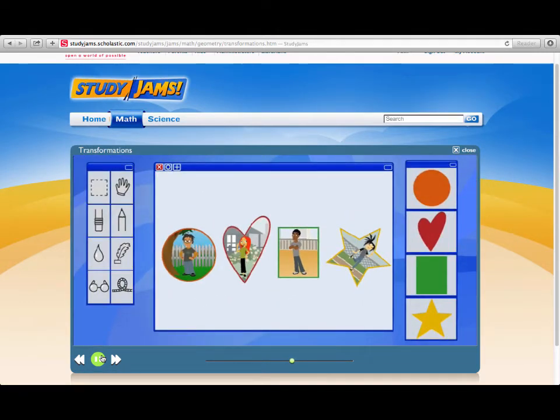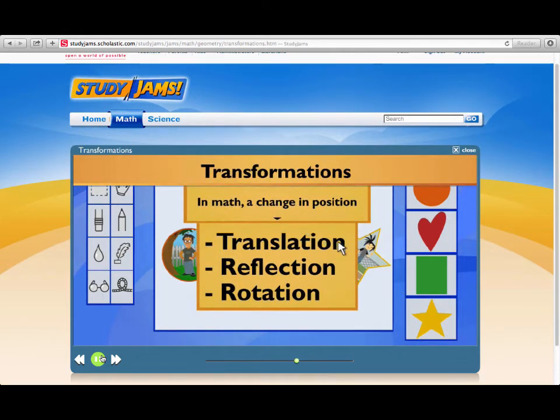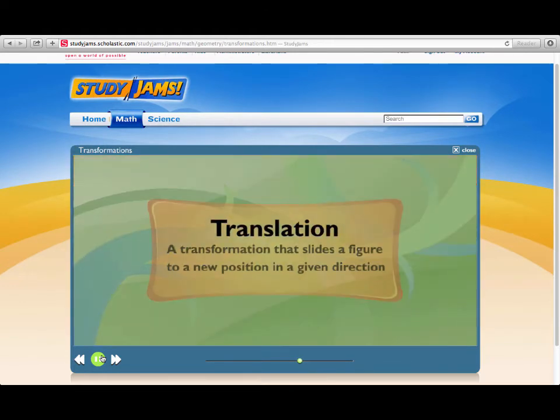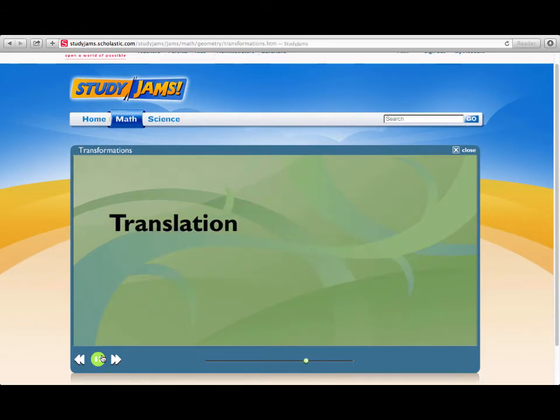Looks like you're almost done. Almost. But wait, wasn't there one more kind of transformation? Uh-huh. A translation. Yeah, that's it. Care to translate the meaning for me? No problem. A translation is a transformation that slides a figure to a new position in a given direction. So a translation is just a slide? No flip, no turn? There's gotta be more to it than that.